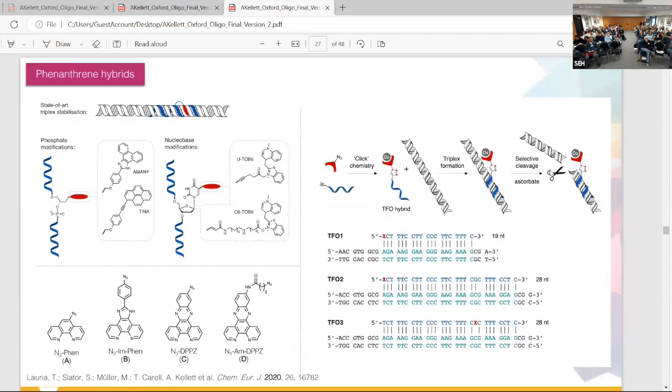And I just want to highlight some of this work. I think we're running out of time quite soon. It's possible to stabilize triplexes through covalent modifications. So, for example, these intercalators introduce either backbone or base modifications.